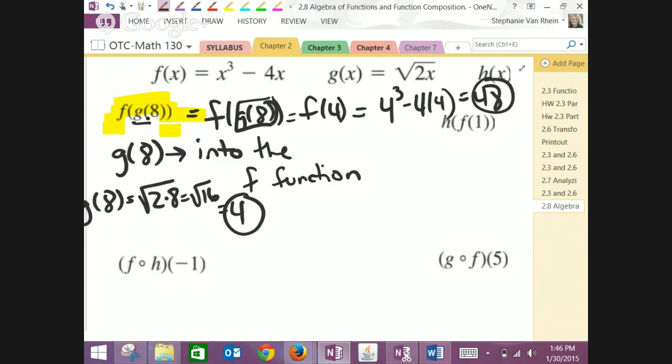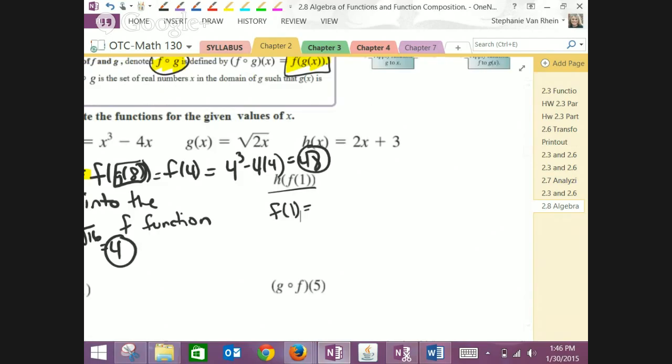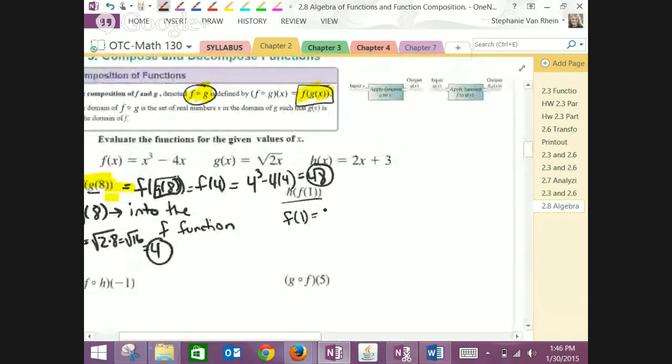Let's look at the second example, h of f of 1. What is f of 1? I'm going to take whatever f of 1 is and plug that into h. f of 1 is 1 cubed minus 4 times 1, which is minus 3.